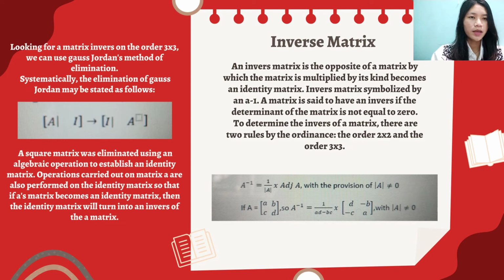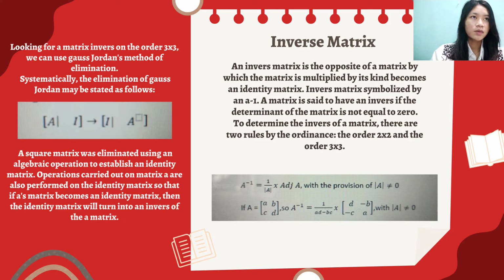Okay, next explain about inverse matrix. An inverse matrix is the opposite side of the matrix, by which the matrix is multiplied by it, becomes an identity matrix. Inverse matrix is symbolized by A minus 1.